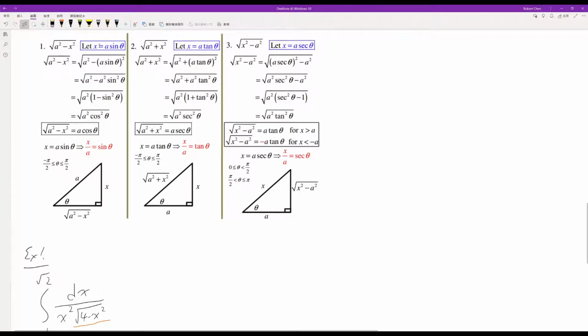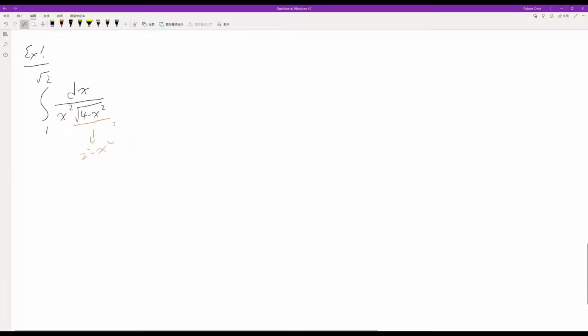And what is a and x in this case? In this case, we know that a is 2, right here from the 4 here. All right, so first we're going to let x be equal to 2 sine theta.